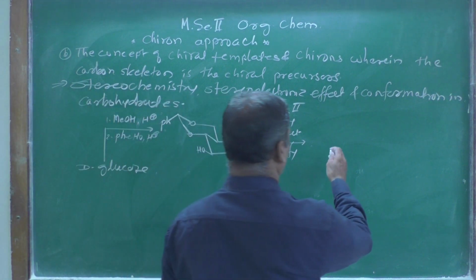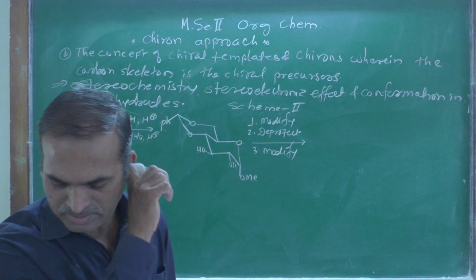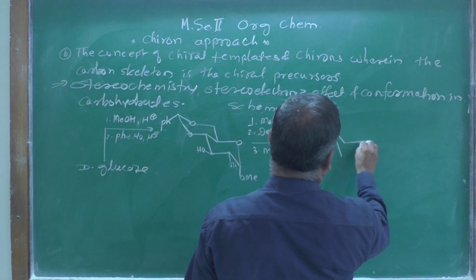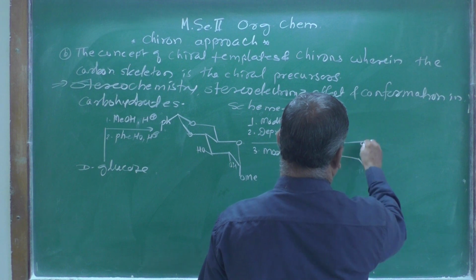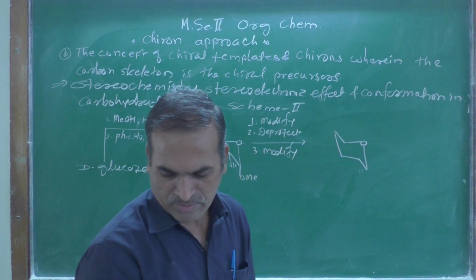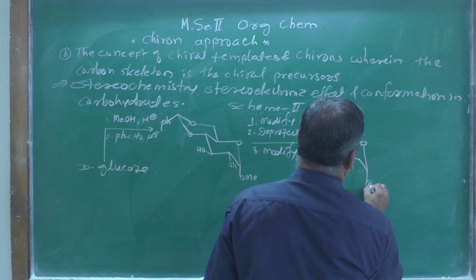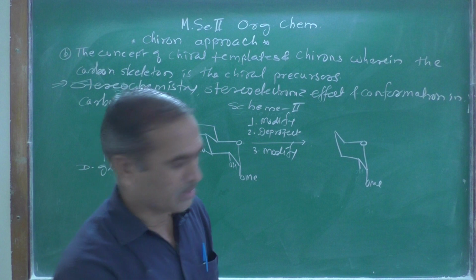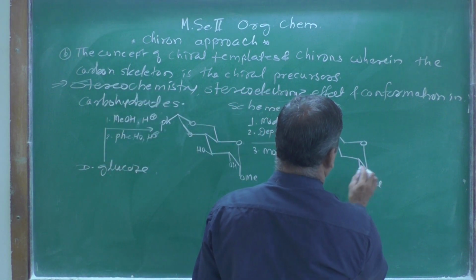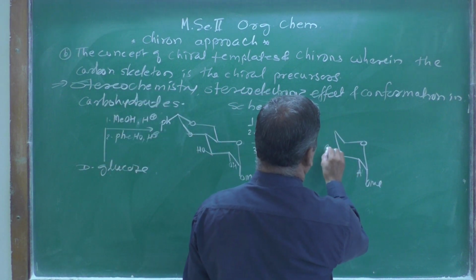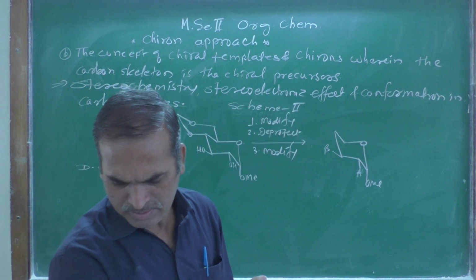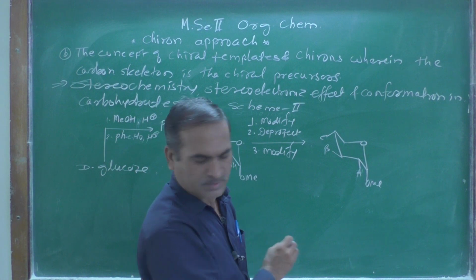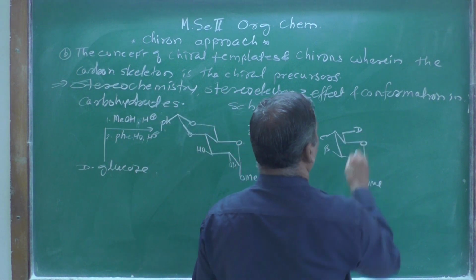You are going to get compounds like this. Everything is modified. Here just OMe. Here you can write A, then B, then C, and then D.